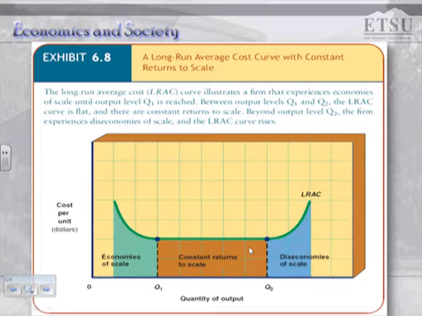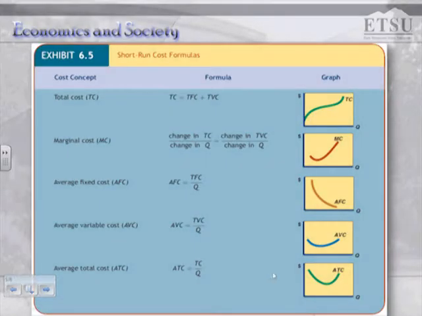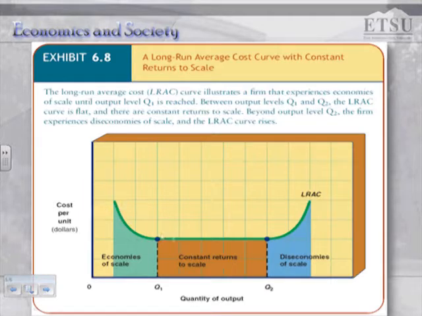The long run average cost curve, like the short run average cost curve or average total cost that we saw, is kind of U-shaped. It's going to depend on the industry, but there are going to be some industries where we can imagine the minimum average cost is going to be reached at a very small quantity, and this is what economists call economies of scale.